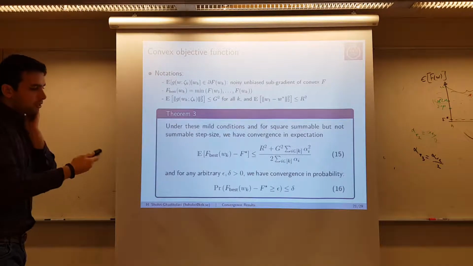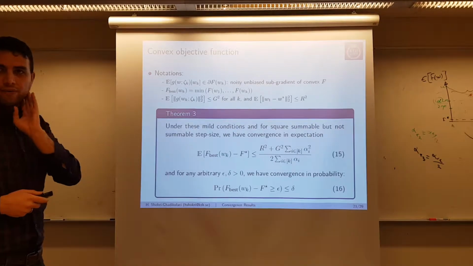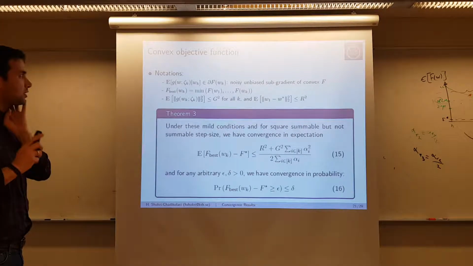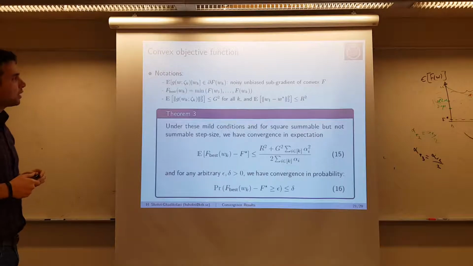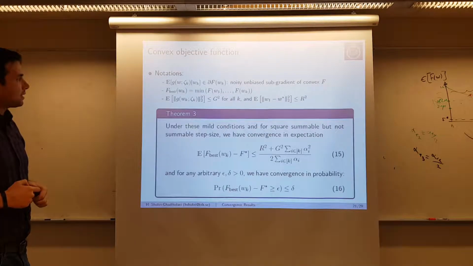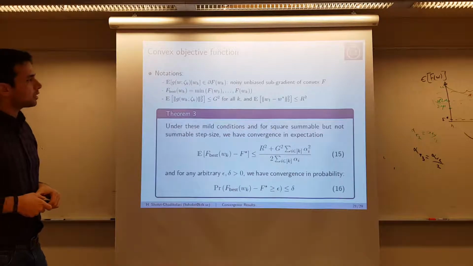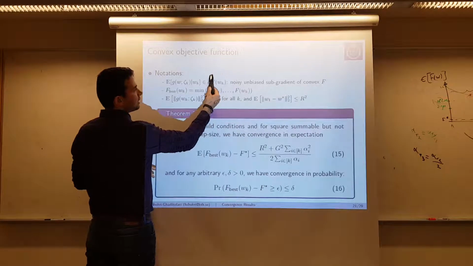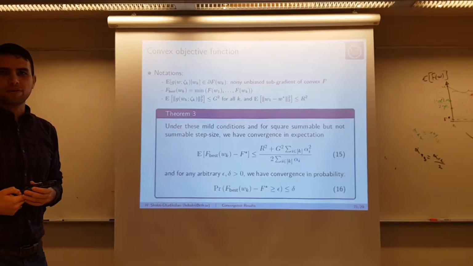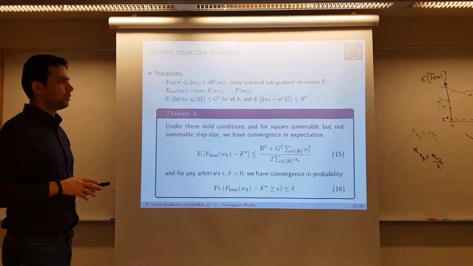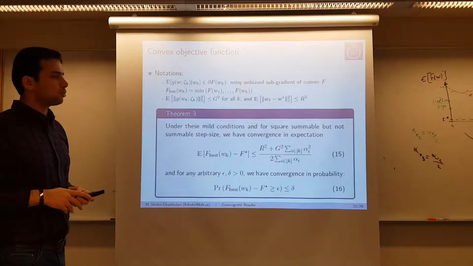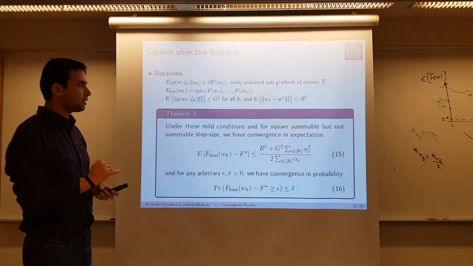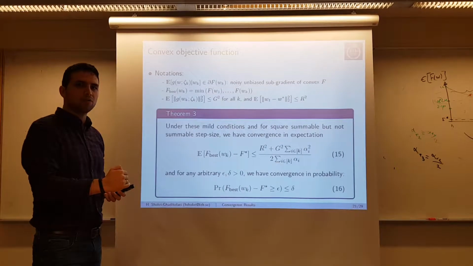Beyond strongly convex functions, now for just convex objective functions, so with some relaxed assumptions. Now some more notation. The first is this one, which is the set of all subgradients of a convex function. Now we can be even more general: instead of working with gradients of those convex functions, we can go for subgradients.